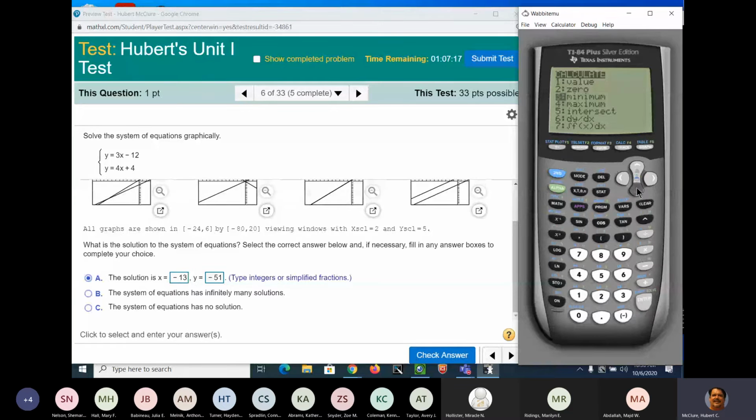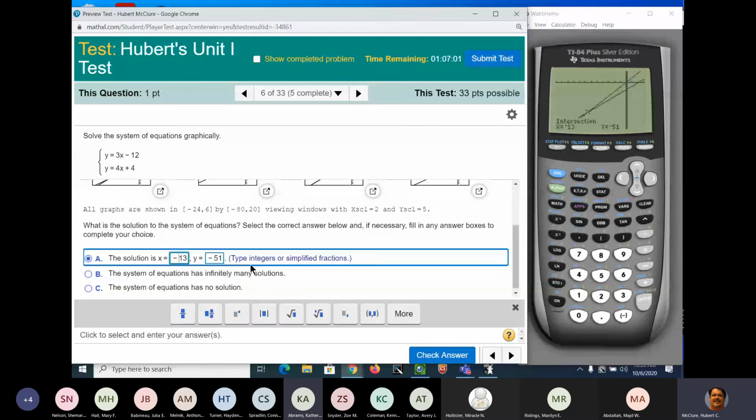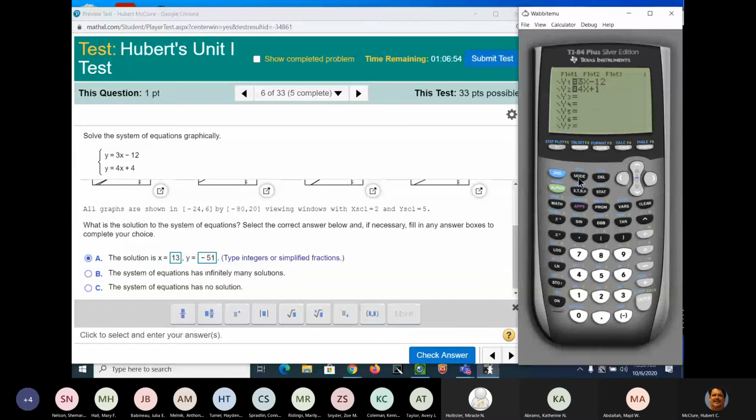That one, and I'm going to move it down to about right there. -13, -51. I don't know what I got wrong, unless they want -16, -60. Okay, then I got something typed in wrong. 3x minus 12 and 4x. There it is. I typed in something wrong.